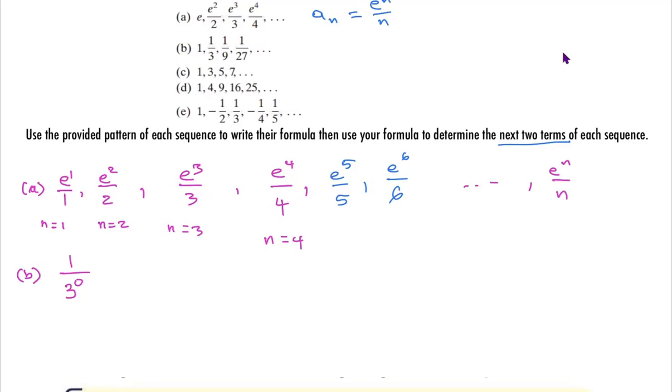So then we keep on going. Let's see, we go 1 over 3 exponent 1, right? And then 1 over 3 exponent 2, like this. Well, it seems to be working.